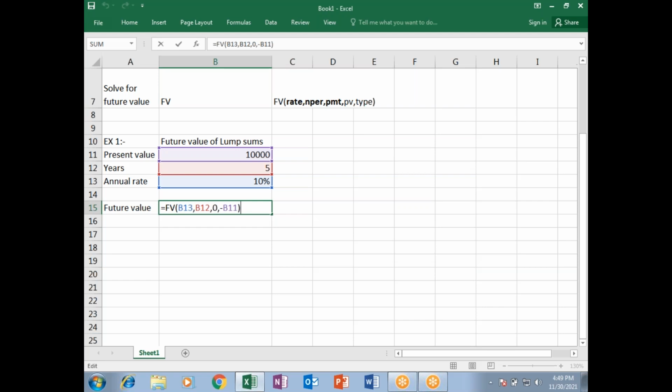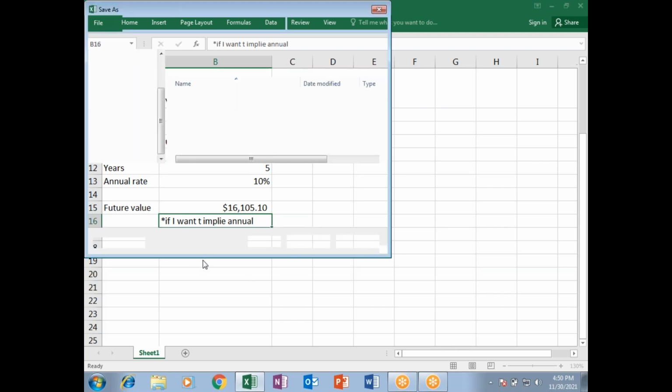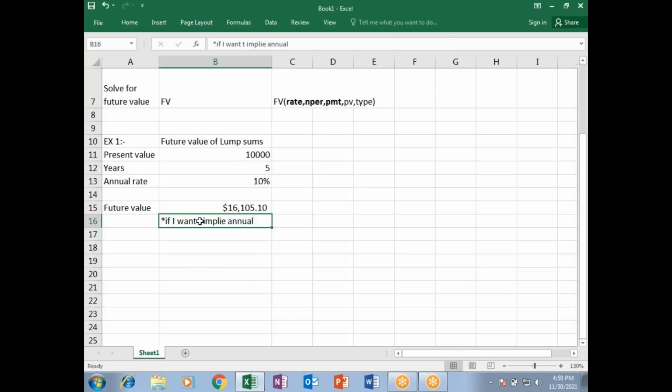Now, if I want to give it in the form of annual compounding, for example, if I want to imply annual, that time annual will be considered as 12.